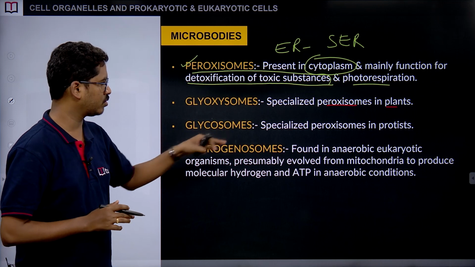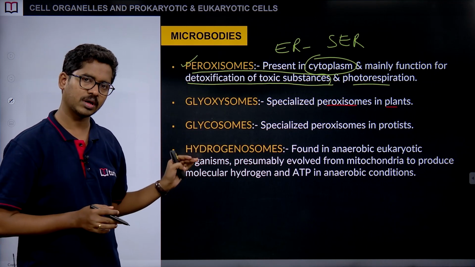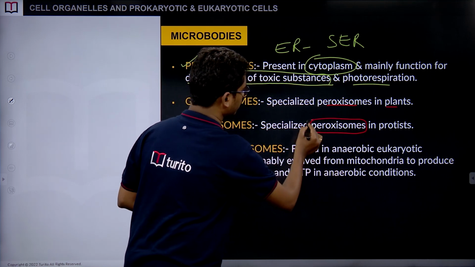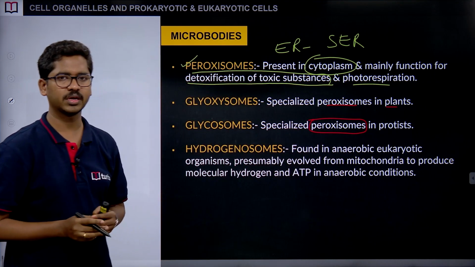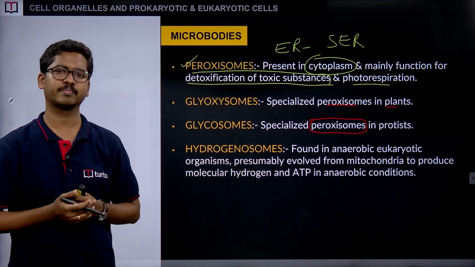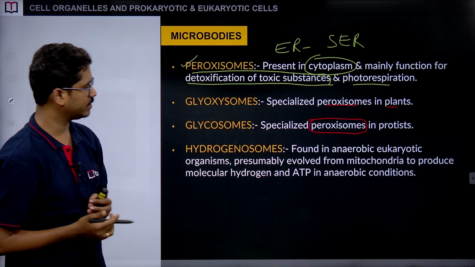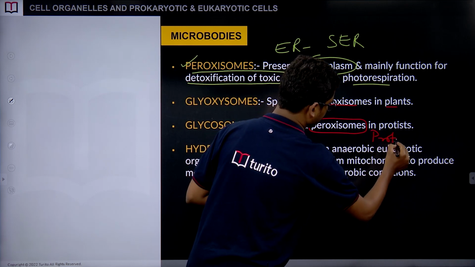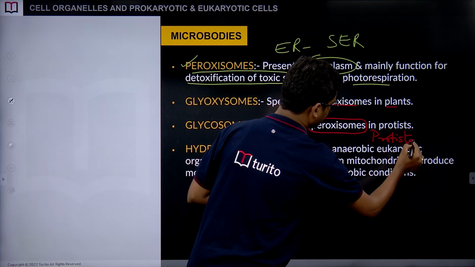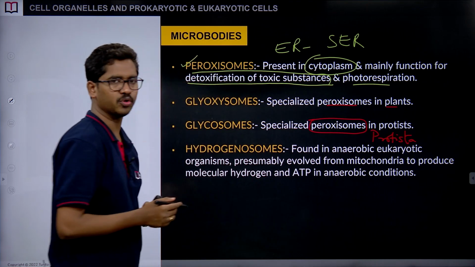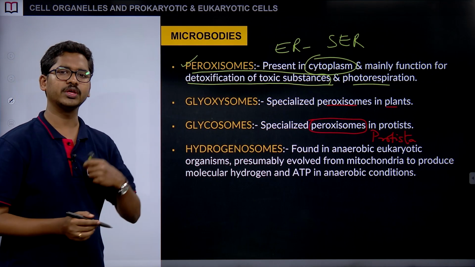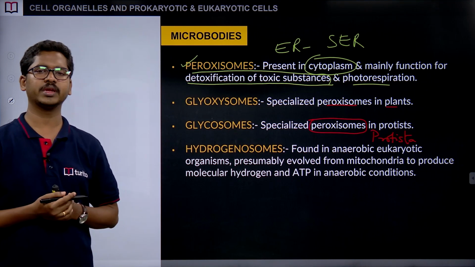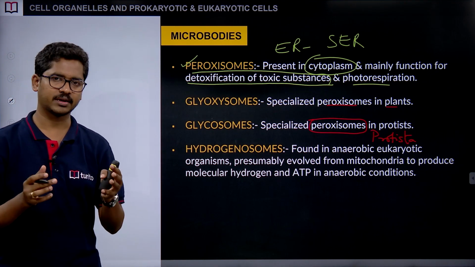When it comes to glycosomes, glycosomes are also peroxisomes. They are present in protists. Protista is a group. Protista is a very big group having all unicellular organisms and exhibiting animal like characters.